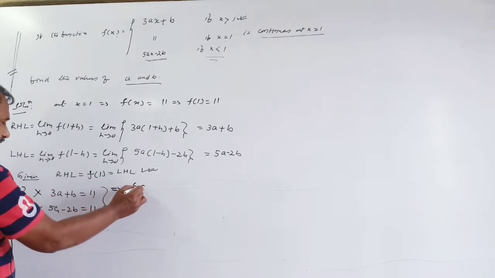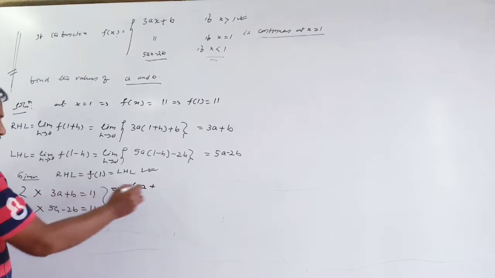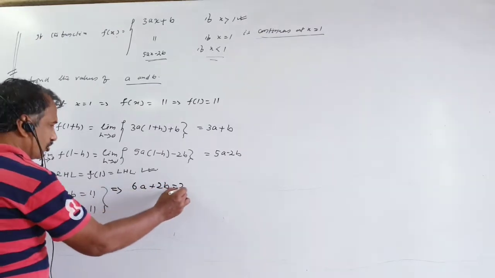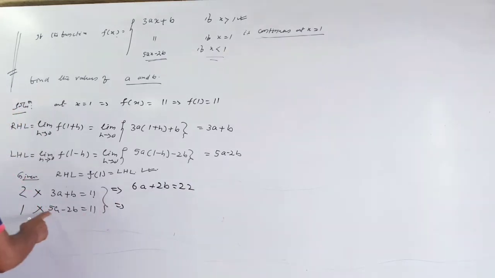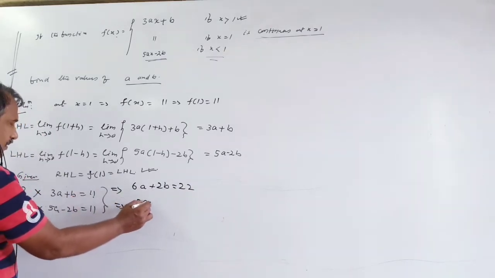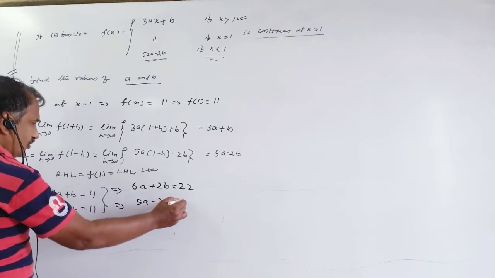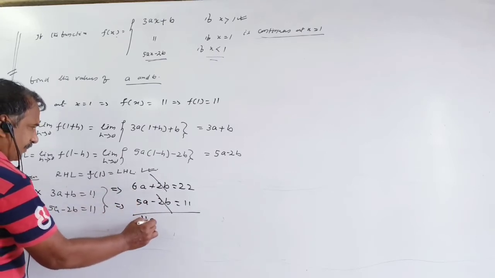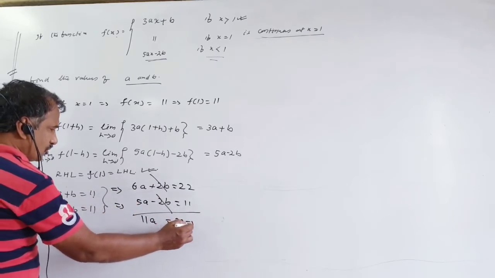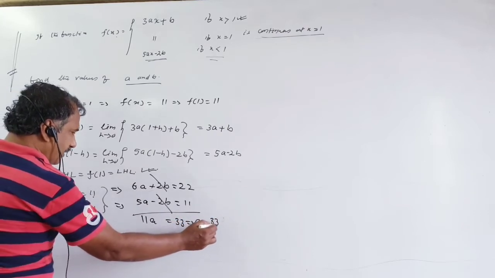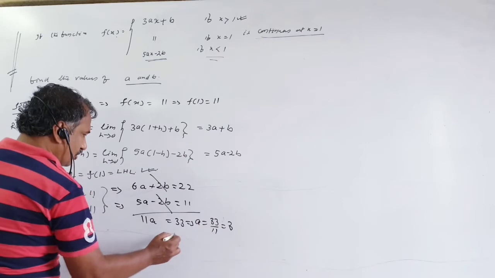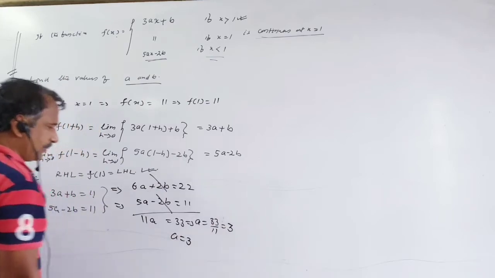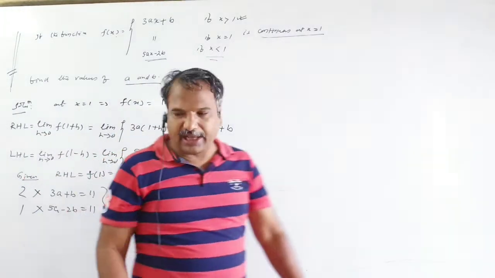So 6a plus 2b equals 11 into 2, which is 22. And 5a minus 2b equals 11. Now 2b cancels out. So 11a equals 33, so a equals 33 by 11, which is 3.